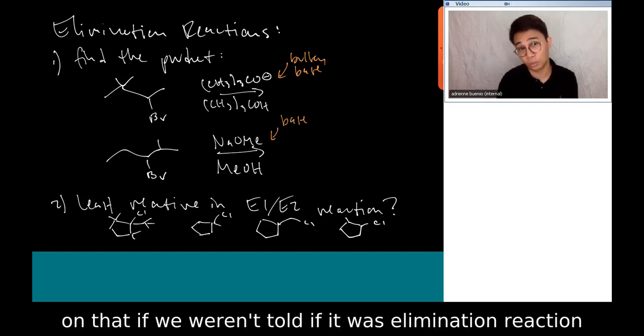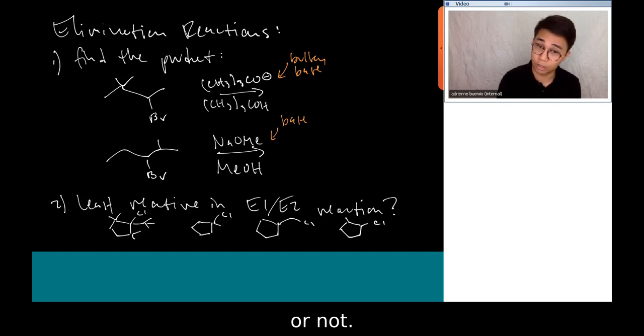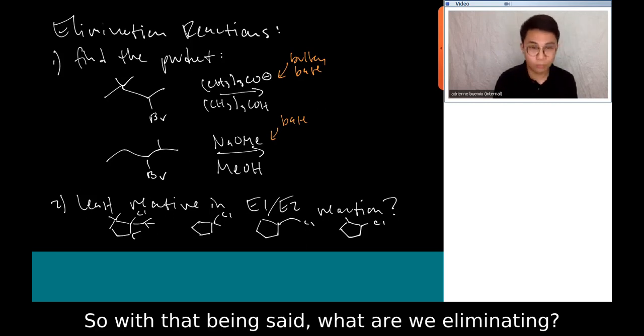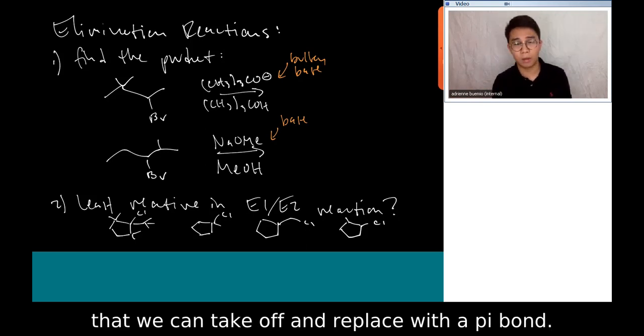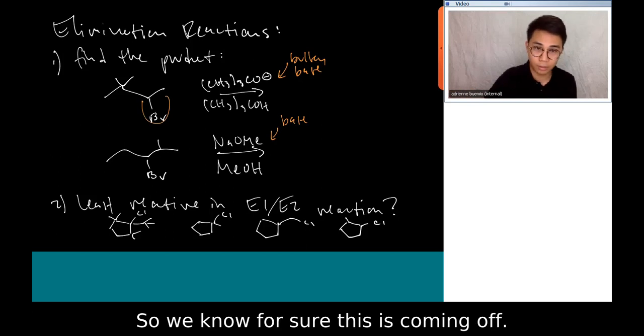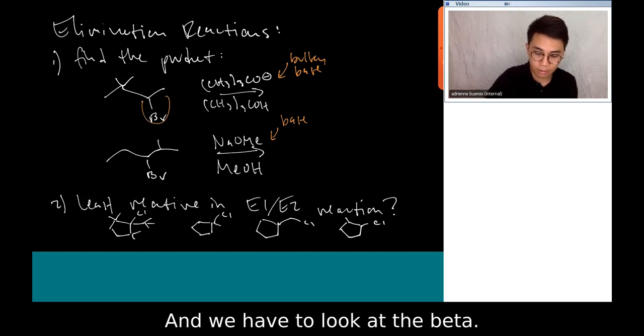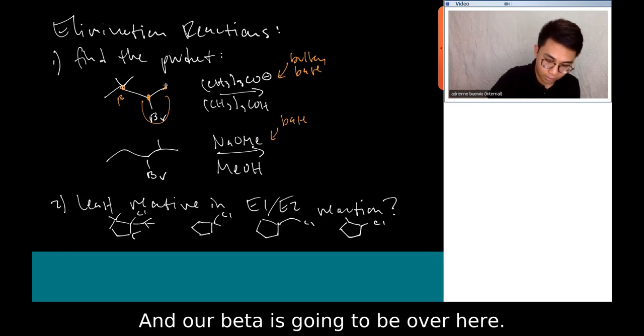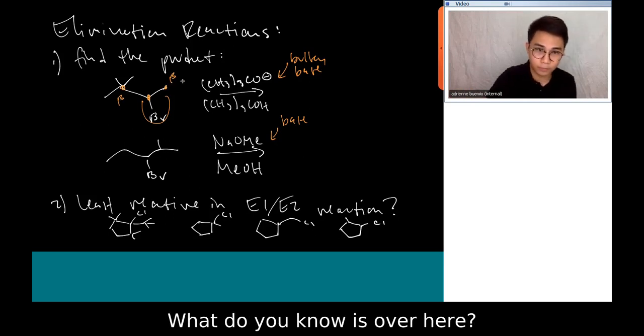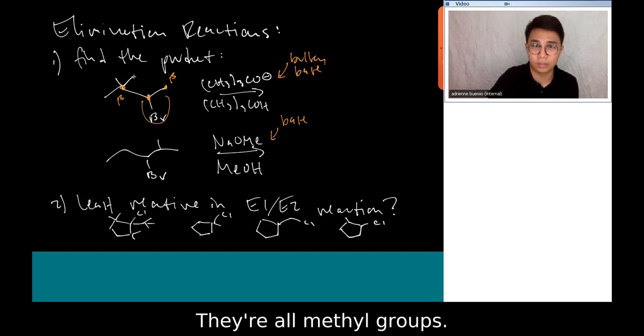If we weren't told whether it was an elimination reaction or not, what are we eliminating? We have to look for two sigma bonds that we can take off and replace with a pi bond. We know for sure this is coming off, and we have to look at the beta. Our beta is going to be over here and over here. What do you know is over here? There's no hydrogens. They're all methyl groups.